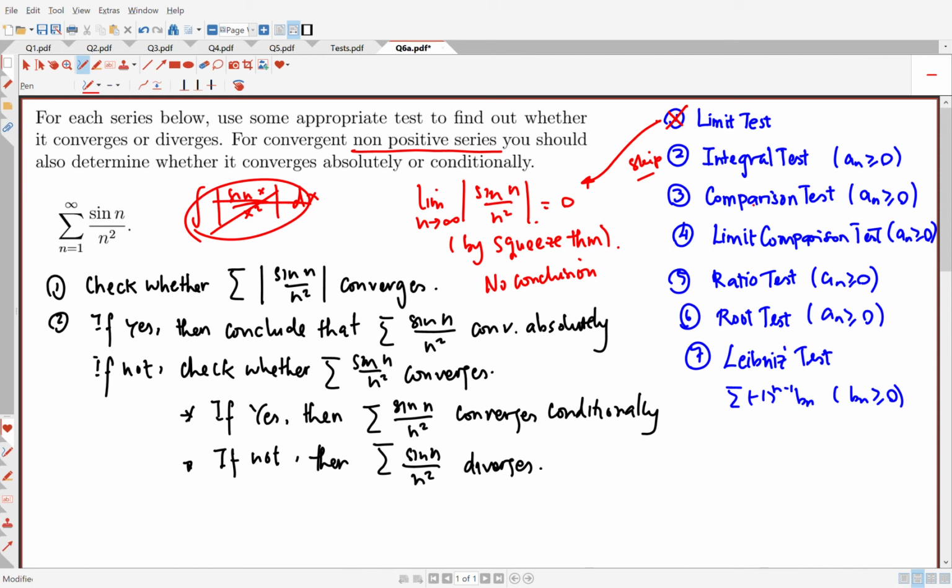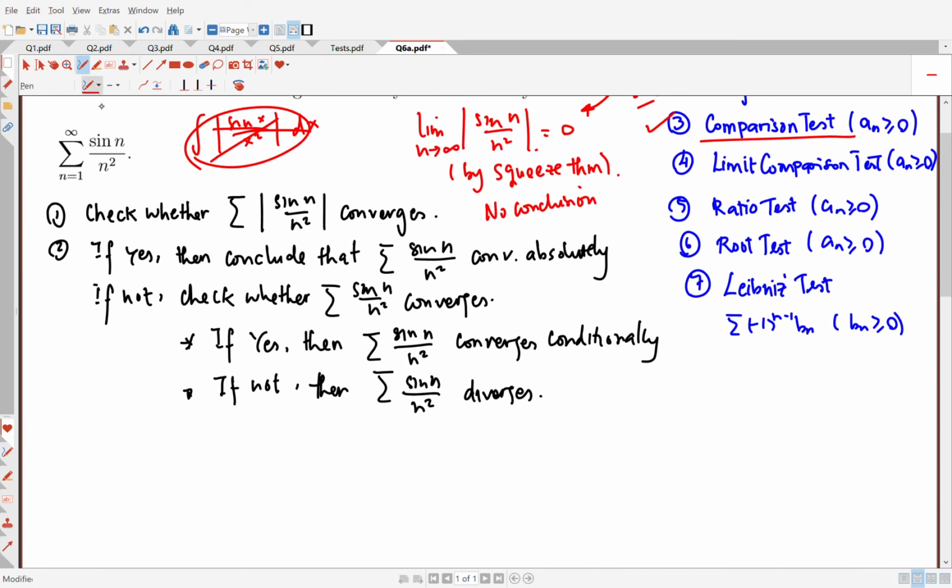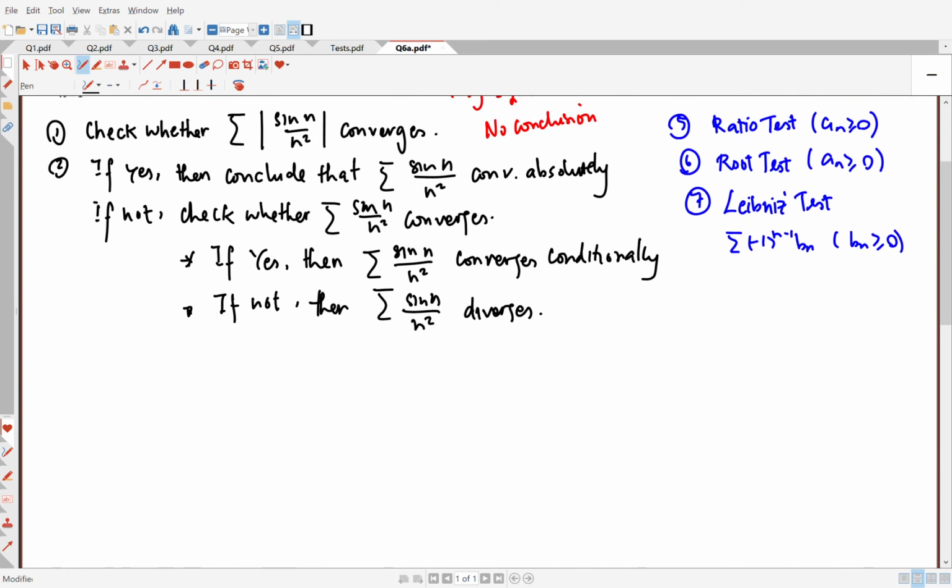Then how about the comparison test? Can we use the comparison test? And the answer is yes. Okay, so let's try the comparison test. We need to compare the absolute value of sine n over n square with something else.